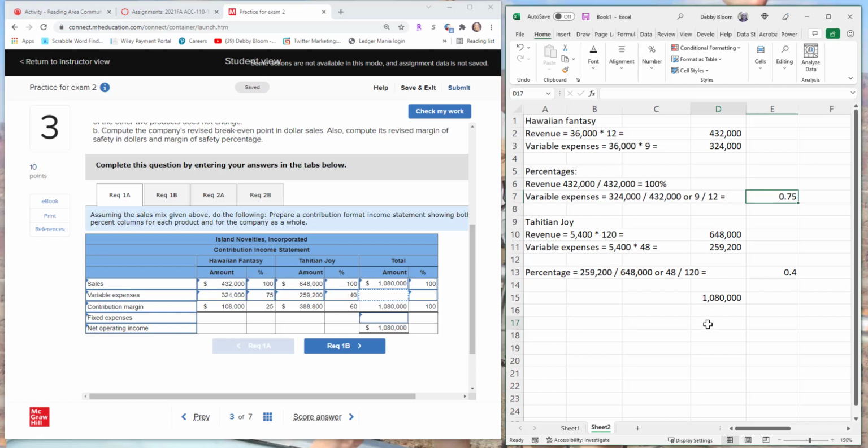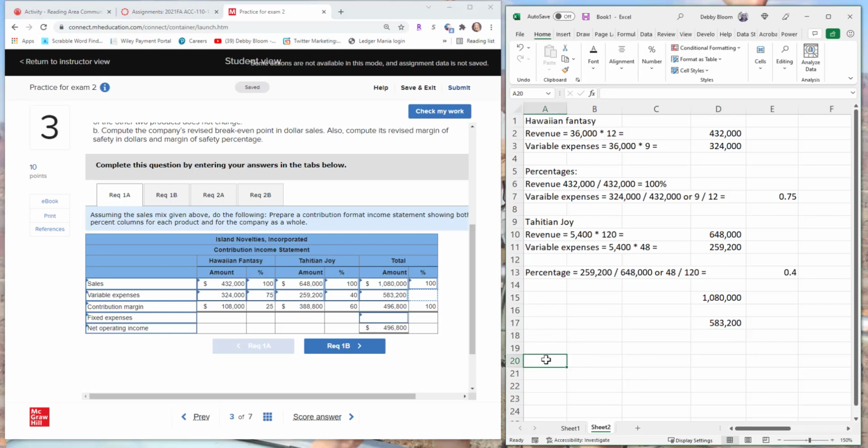And now I want to calculate my total variable expenses. So my total variable expenses are the 324,000 plus the 259,200. So I'm going to add those together. My total variable expenses are 583,200. And now this becomes a very, very important number.